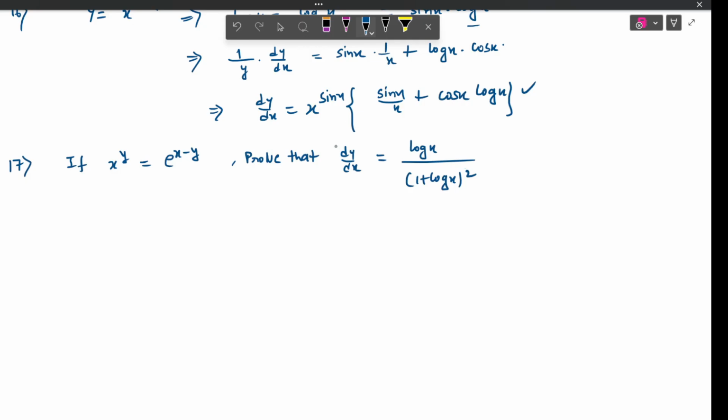Okay, now here we can see that it is function to the power function, so you have to apply log on both the sides. So log of x to the power y is equals to log of e to the power x minus y. So this implies y log of x equals x minus y into log of e, that is 1.